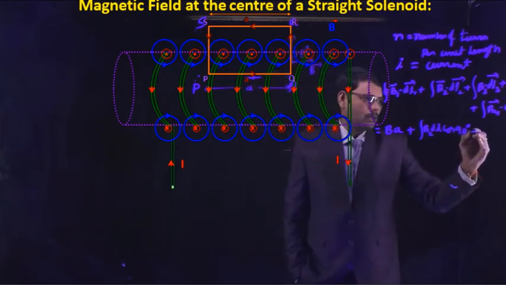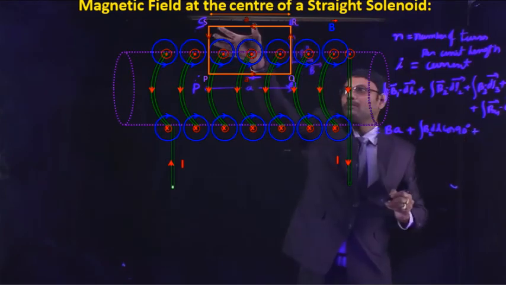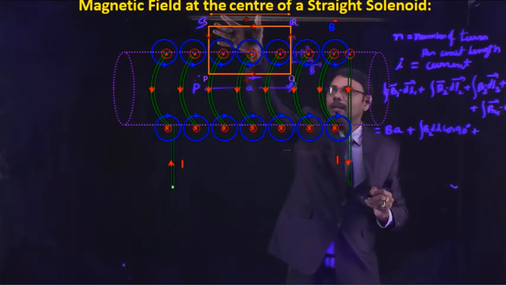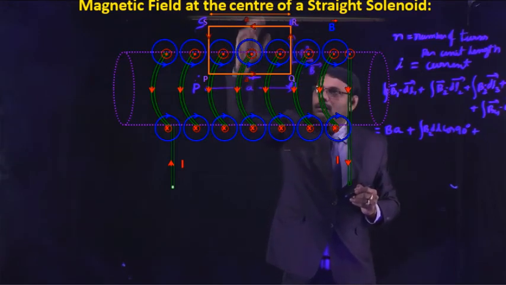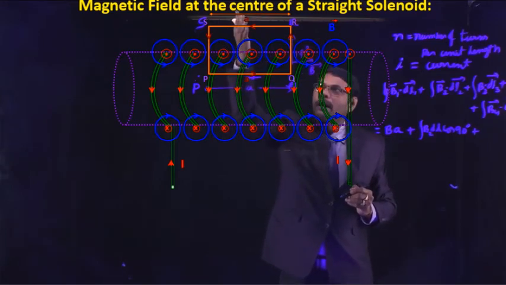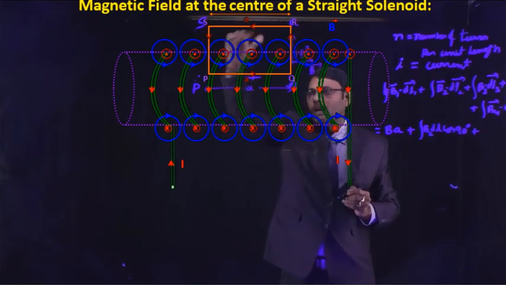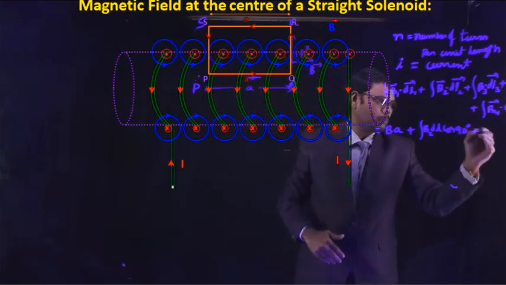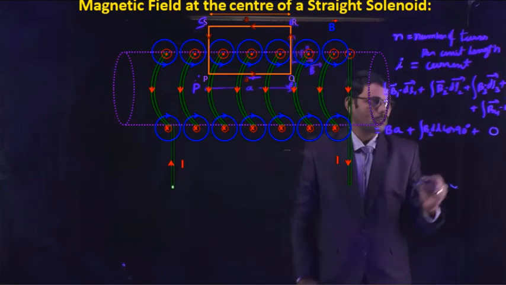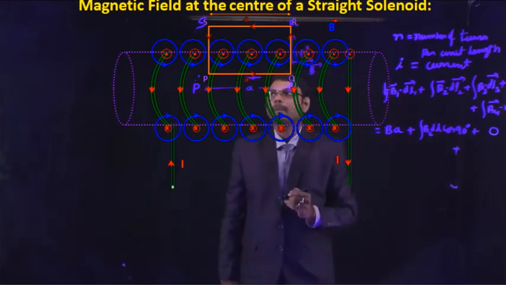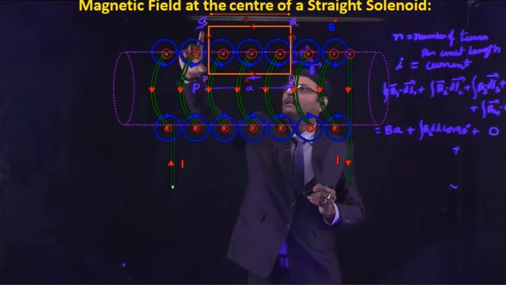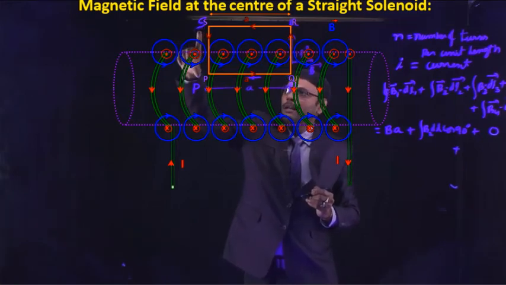Similarly, for the B3 part, let us consider B3. It is outside the solenoid. Outside the solenoid, the magnetic field is 0. Along the axis there is magnetic field, but B3 is 0 outside the solenoid. Plus B4, the integration along the line SP.